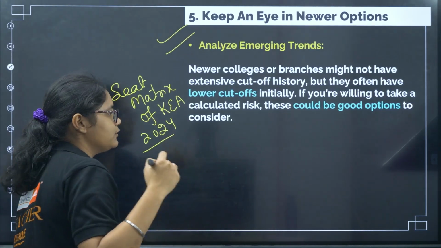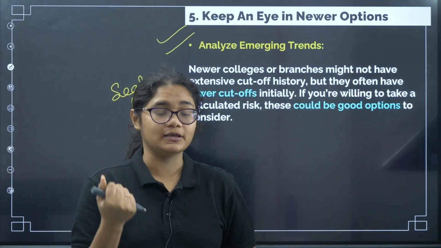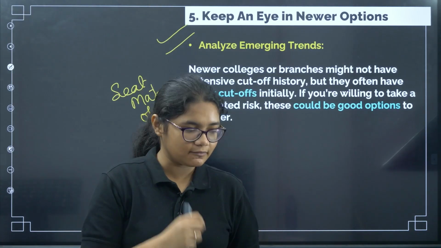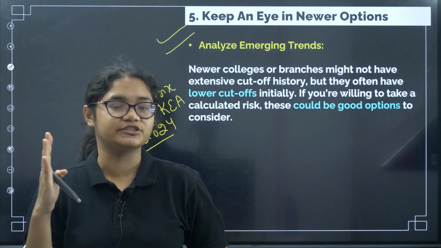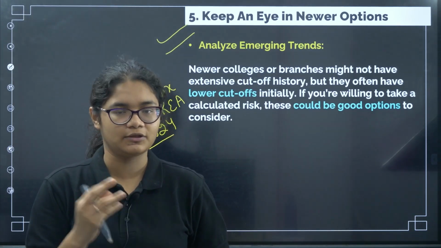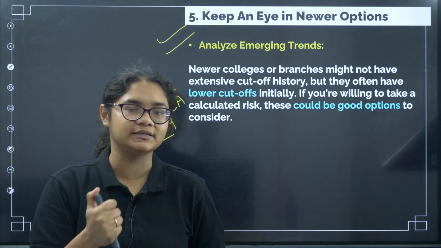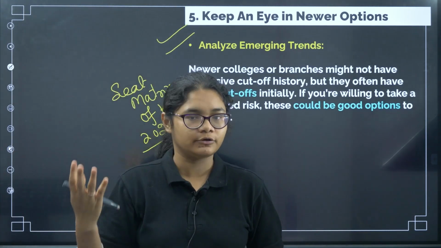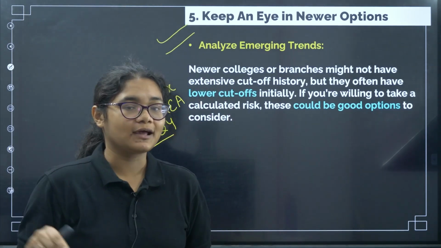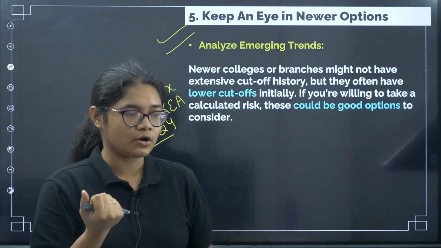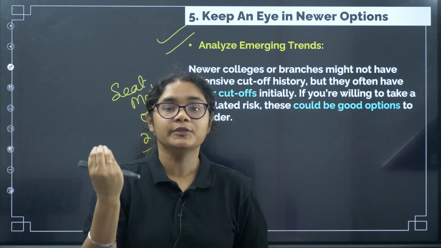If you see, you can check there are many colleges where new branches have been introduced. Whenever a new branch is introduced, the cutoff is generally a little lower. You can get admission easily to these colleges because these are newly introduced branches, so that is why you can consider them. Keep an eye on which college, which branch is newly introduced.